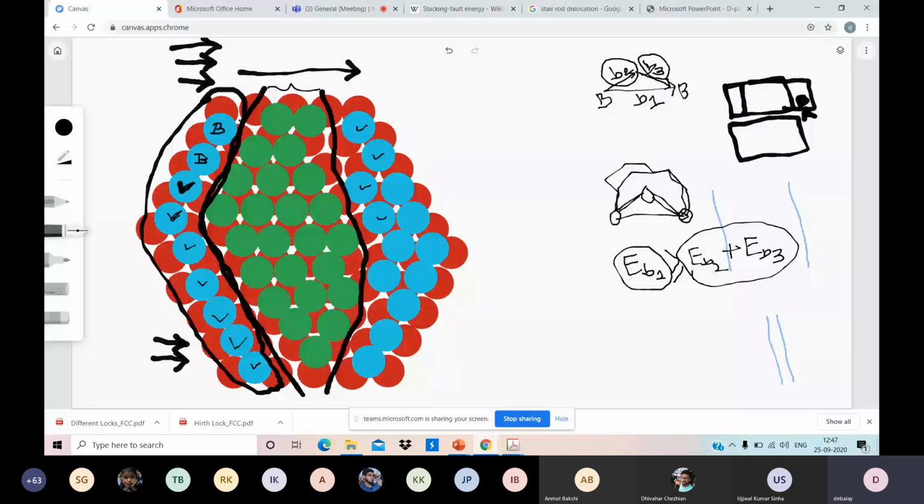The critical criteria has to be met, equal or exceeding. But even if this criteria is met, it's like thermodynamics: you cannot say that it will happen, because thermodynamics says something, but does that always happen, that the phase transformation will occur?